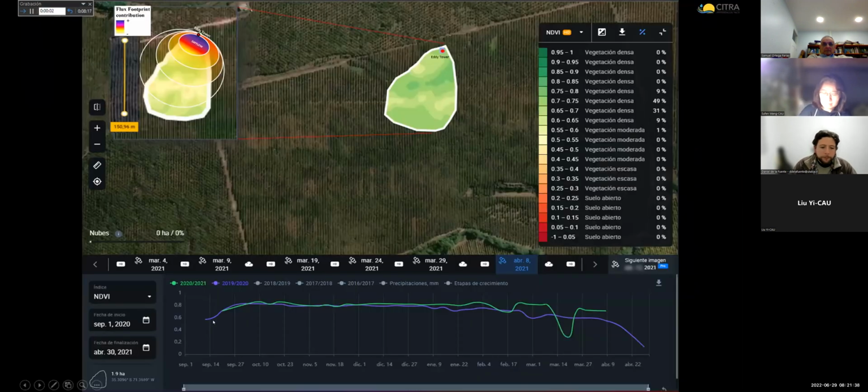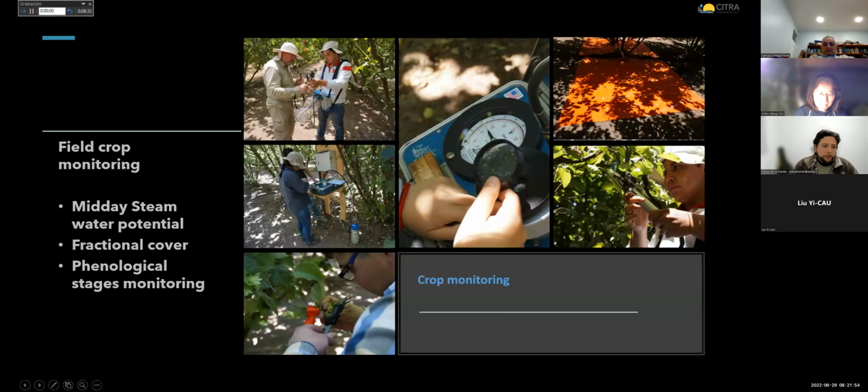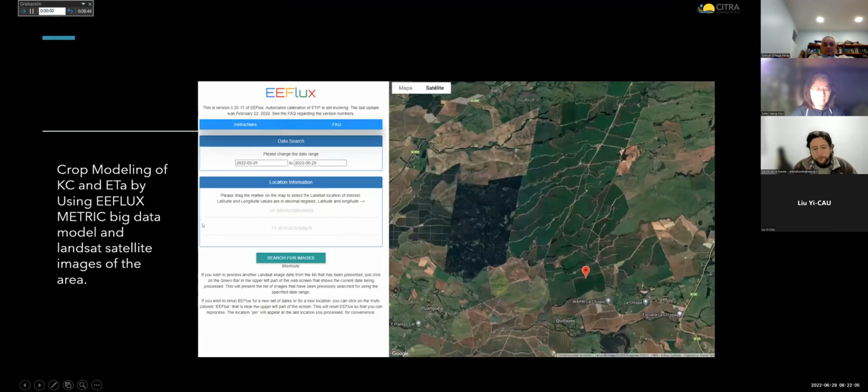Also, we monitored the NDVI values during the seasons. In green, you can see the 2021 season, and in purple, the 2017 and 2020 growing seasons. We also monitored during the whole season the midday stem water potential, the fractional cover, phenological stages, and so on.